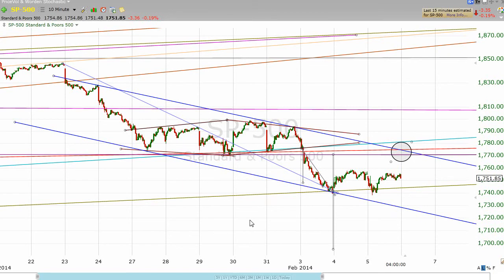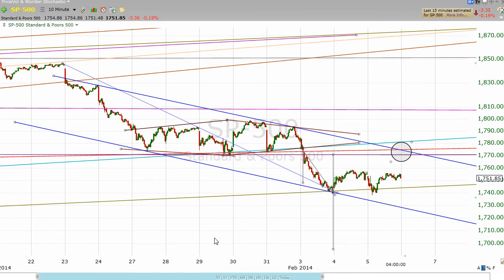What looks like we're seeing right now over the past 2 days is a consolidation. We've really been in a pretty tight range, much like we were in a tight range back here from the 27th through the 31st. Now the question, of course, and it's always the question, is when you consolidate, you do it for one of two reasons.